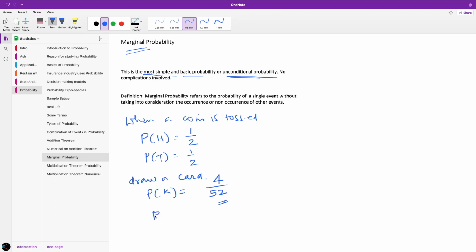Similarly, what is the probability of getting a red card? There are 26 cards that are red, so the probability of getting a red card is 26 over 52. This is marginal probability.